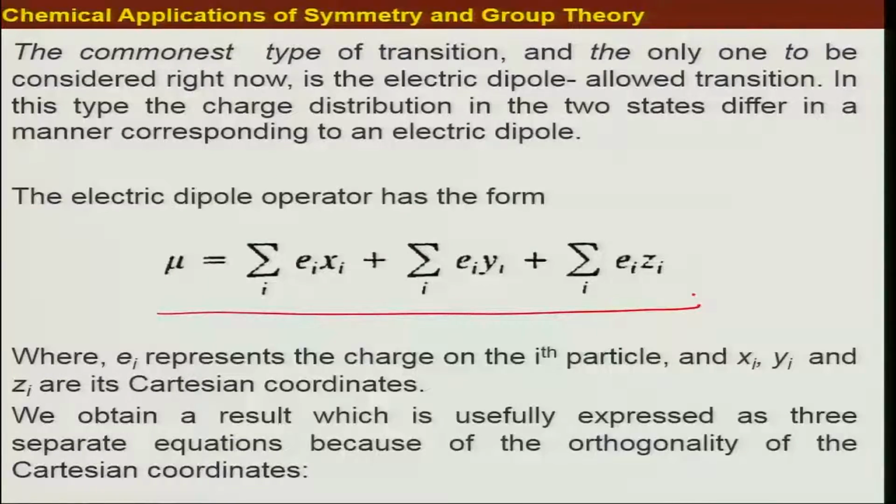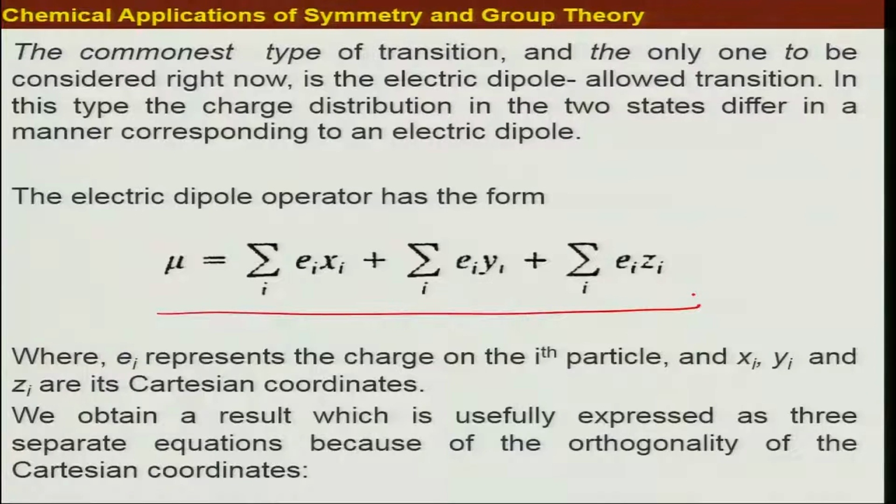So mu will be a dipole moment operator, and a dipole moment is given by the charge multiplied with the distance. For any given particle, the distance is quantified by 3 Cartesian coordinates, x, y, and z.